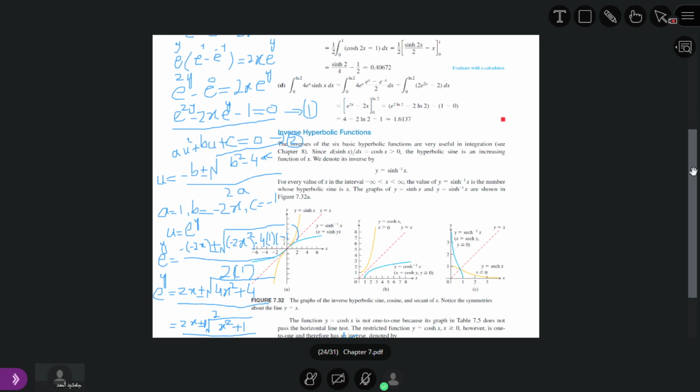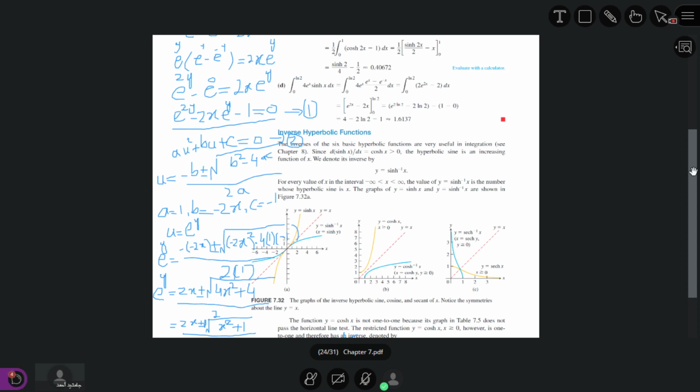So if one value is positive and one value is negative, can these be equal? Suppose one element is less than 0 and one is positive, can they be equal? No, these cannot be equal.